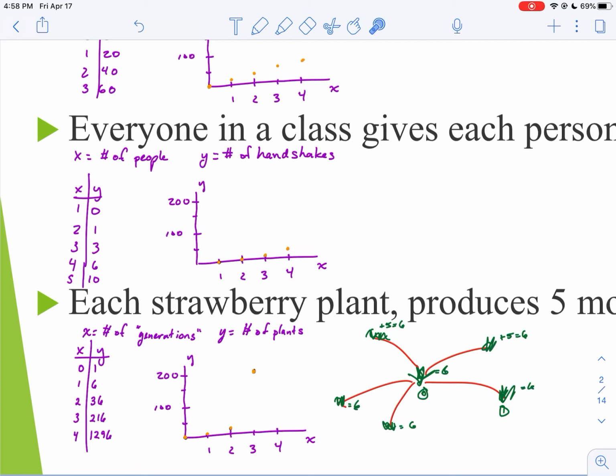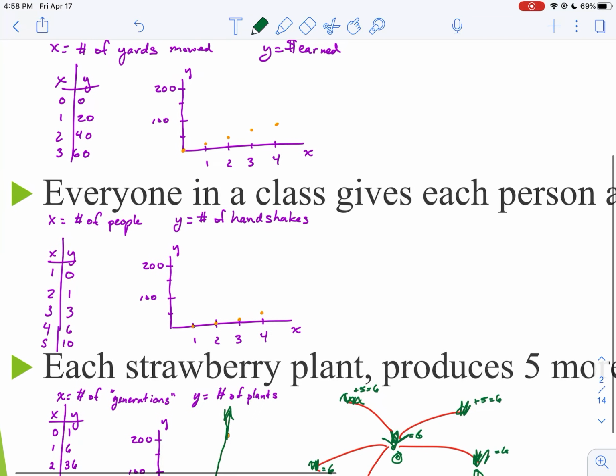And so when you graph this, you can see it goes from 0 to 1 to 2 to 3. Maybe I shouldn't connect these because there's no in-between values, but I'm going to just so we can see the shape of these curves. But you see this one starts off a little bit slower and then takes off.